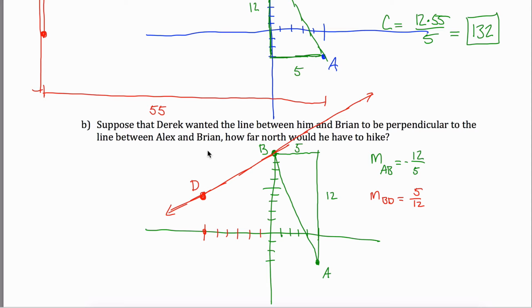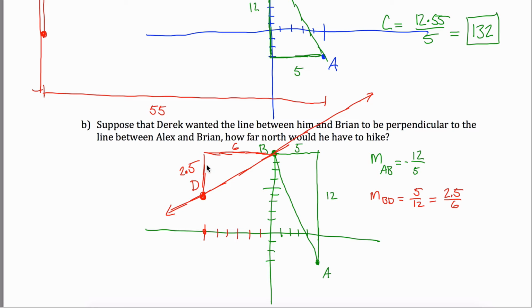But he's going to have a hard time going up by 5 and over 12 because this distance right here is 6. So I'm trying to figure out what this distance is. Well, I know that if he went up by 5, he'd go over by 12. So how much would he have to go up to go over by 6? I guess that would have to be 2 1/2. 5 over 12 is the same as 2 1/2 over 6.